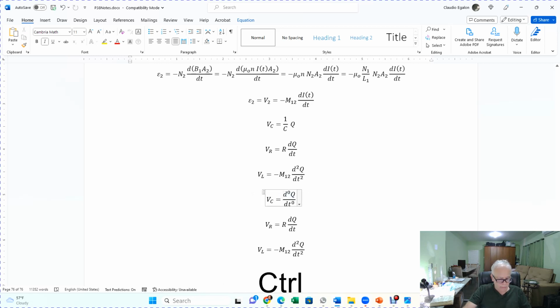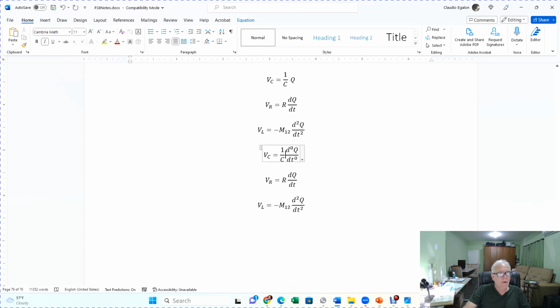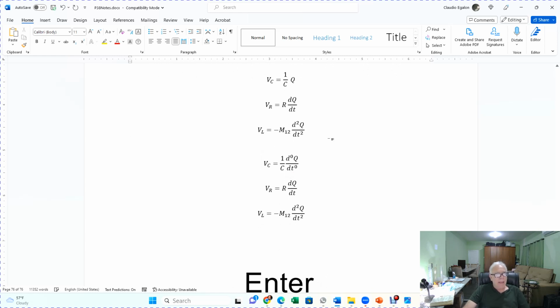In all those three cases, what do you have? The electric potential difference of the device is equal to a constant related to the geometrical parameters of the device times a derivative of a given order.